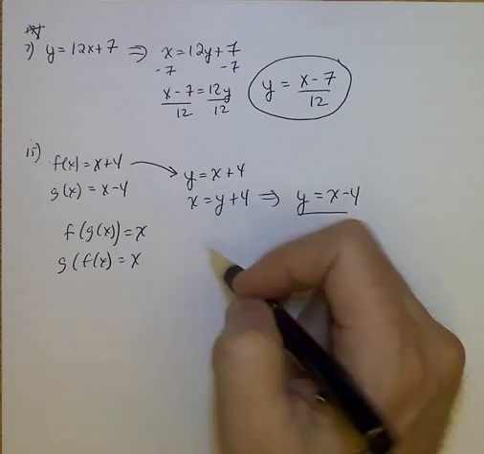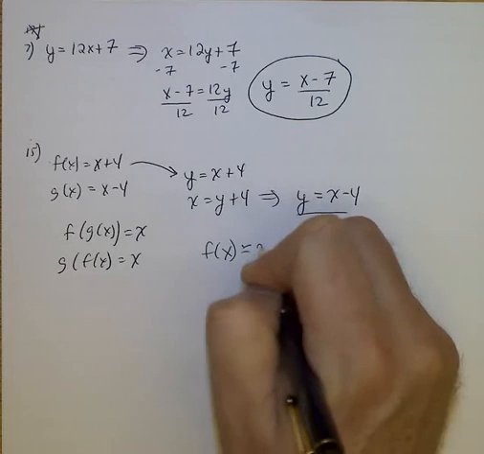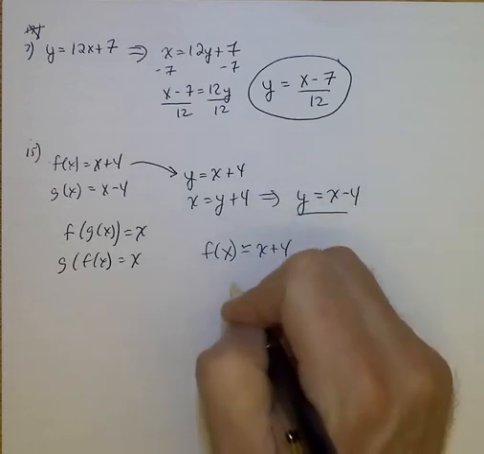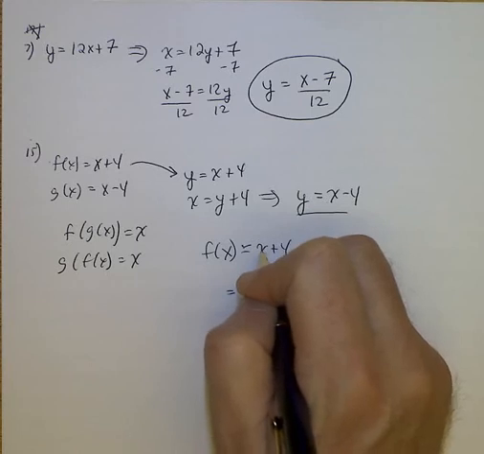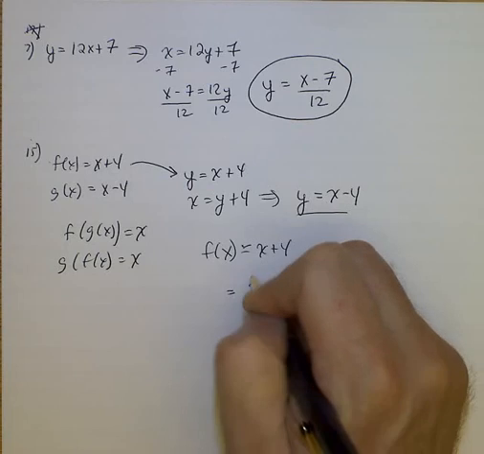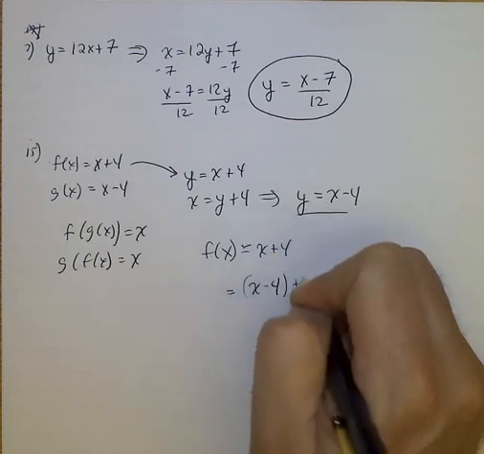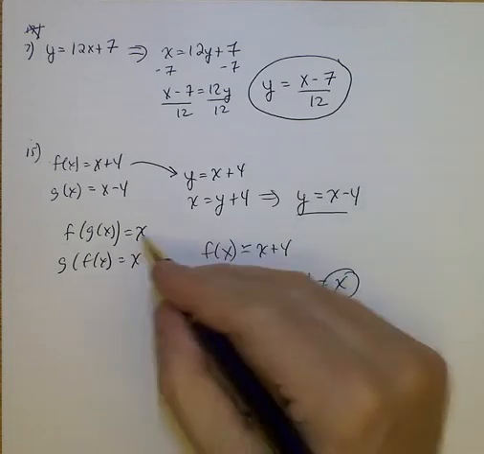So f of x being x plus 4, now we're going to do f of g of x. Well, we encounter an x, so instead of writing x, we write x minus 4. Then we continue on. And x minus 4 plus 4 is in fact x. So f of g of x does equal x.